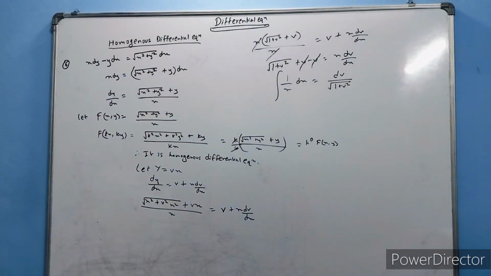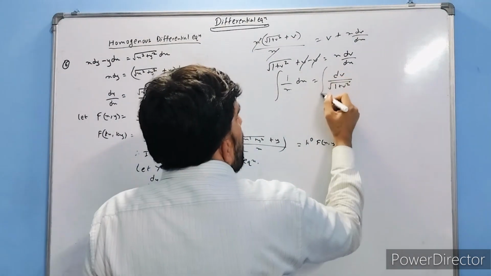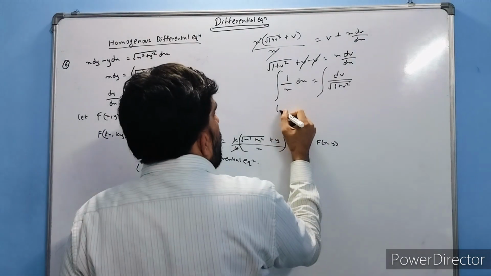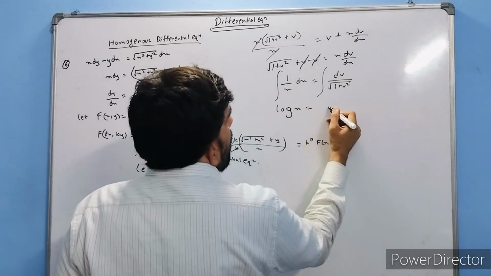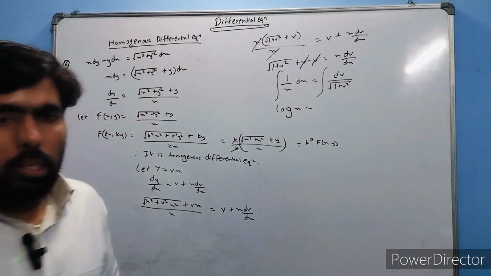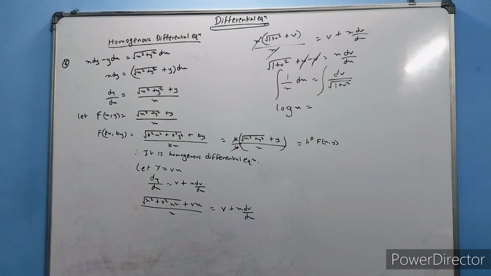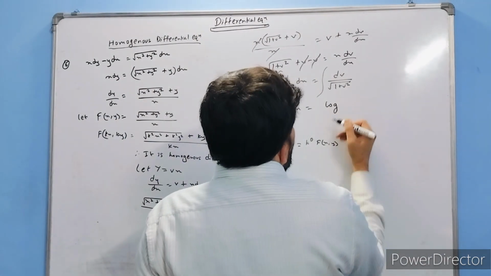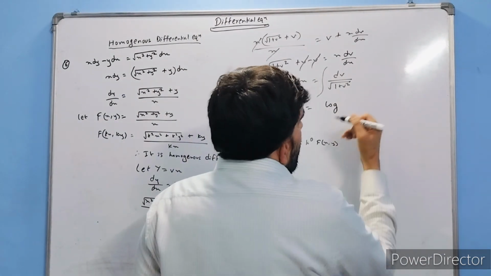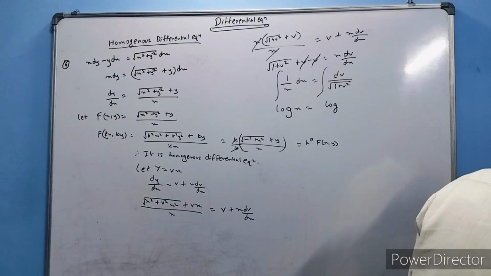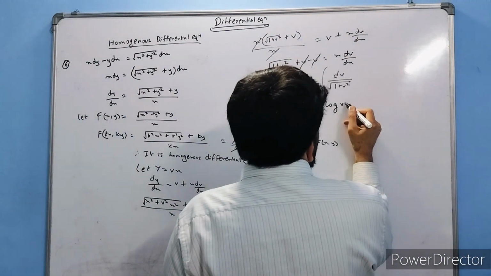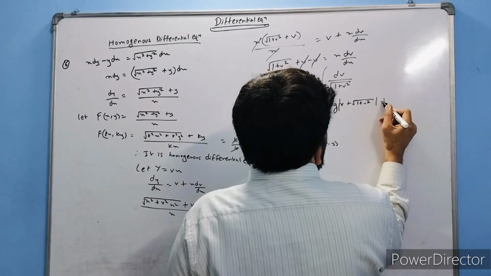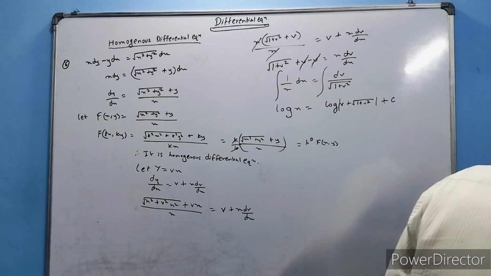So we all know the integration of 1 upon square root of a square plus x square. Now here we will have log x is equal to, let us see, now we know the formula here. We have log of v plus square root of 1 plus v square, plus c. So this is the formula I have.